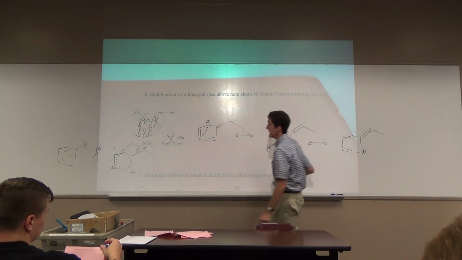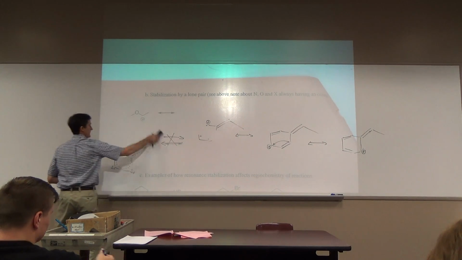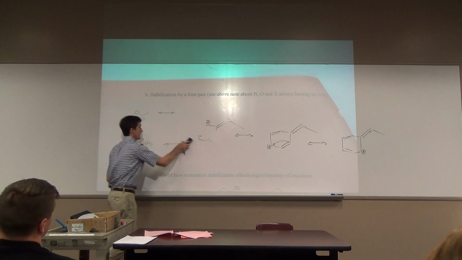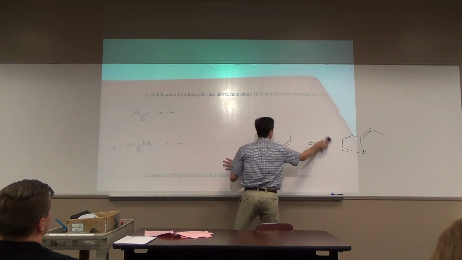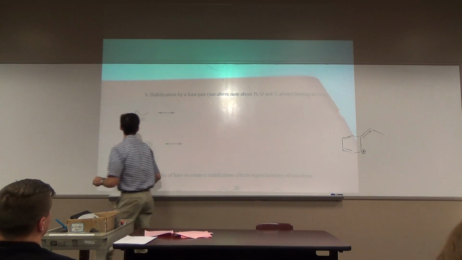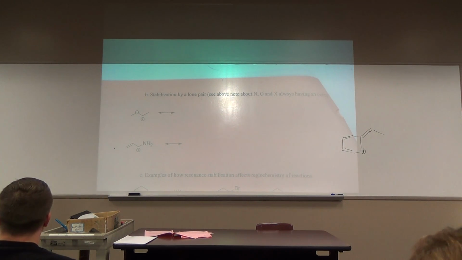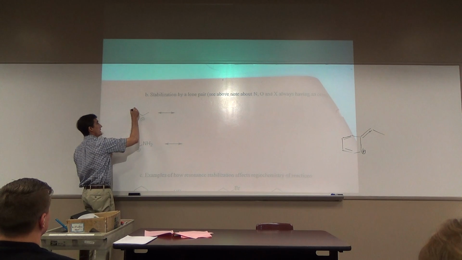Stabilization by a lone pair. Now instead of windshield wiper, we're going to do something more like we did on day one, and we've also done a couple of times since. Got this cation. How can we stabilize it and delocalize it? We've got a lone pair next door.